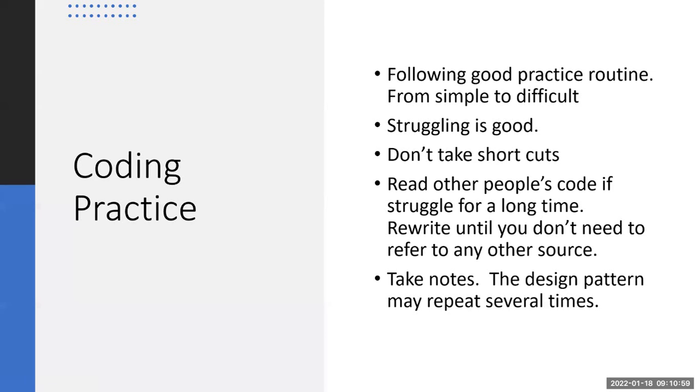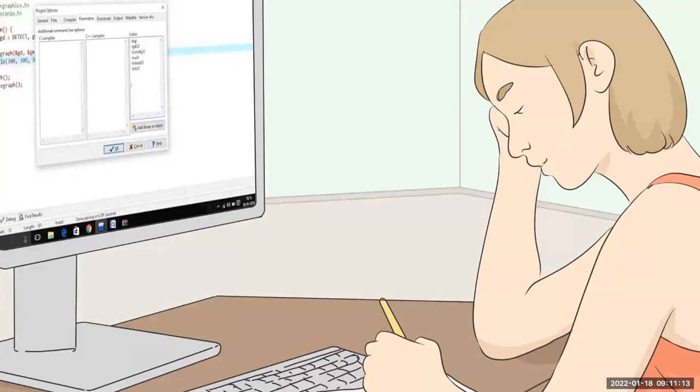And during the practice, you should also take notes. Take notes for what are the key ideas and how to solve the problem, and what are the reference materials you already referred to. So number one, struggling is good.